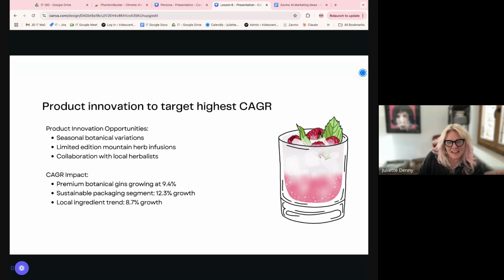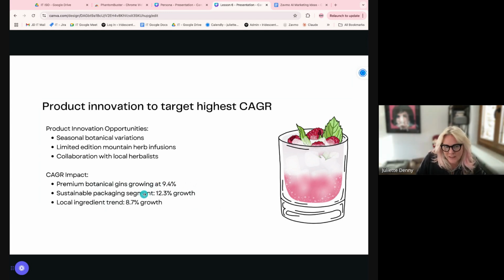So you can see here the compound annual growth rate impact for premium gins. These are the figures. Although the overall gin market is growing at 7 point something, as we said, within that the premium gin market is growing at 9.4.